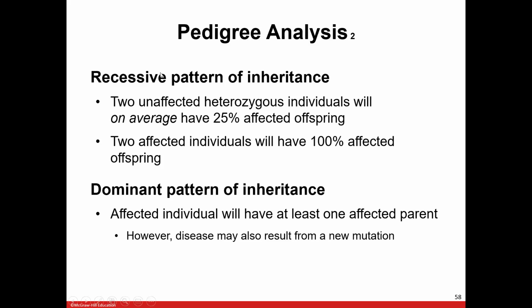Again, they're showing heterozygous individuals. We can't tell just by looking at something: are you heterozygous or are you homozygous dominant? And then two affected individuals will have 100% affected offspring. If both of your parents had the disease, chances are you're going to get the disease if it's recessive.